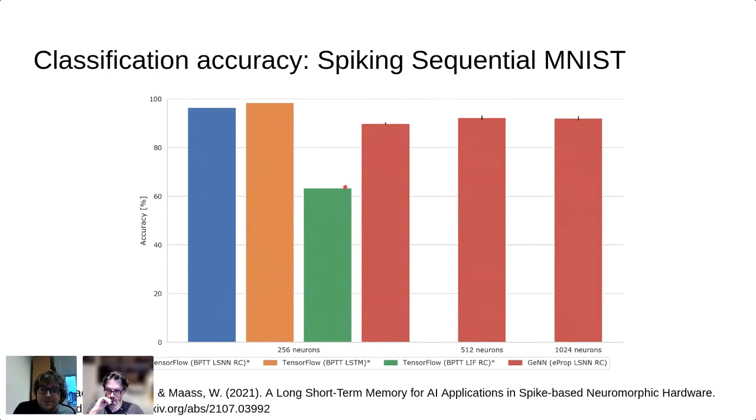Here, the eProp doesn't perform quite so well. We were getting sort of closer to 90, and this only increased slightly with the number of neurons. So this is clearly a task where you need to consider the gradients flowing through the recurrent connections. But nonetheless, 90% on this task is still pretty good.